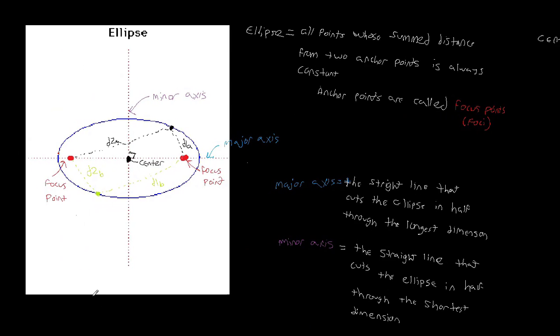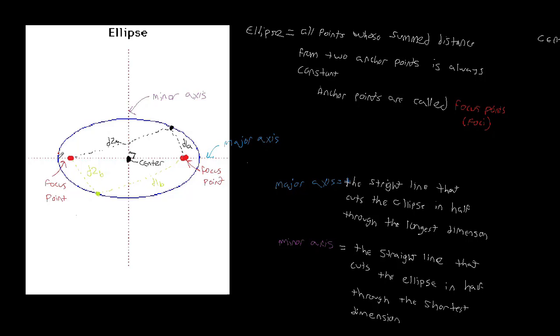There are four other key points on the ellipse that I want to make sure we understand, and I want to make sure we understand the difference between them. The next set of points are on the major axis. It doesn't have to be horizontal. If this ellipse were flipped 90 degrees, then this vertical line would be the major axis.